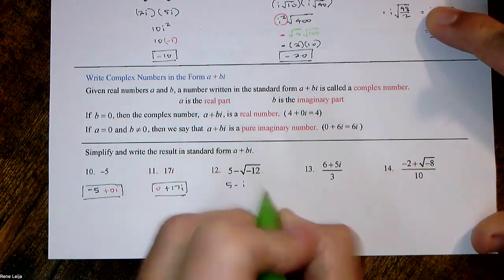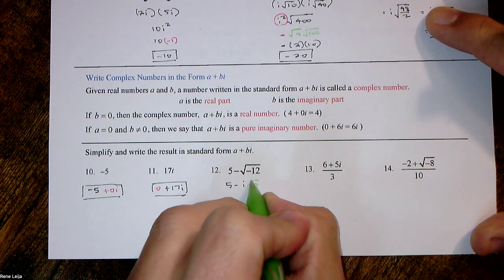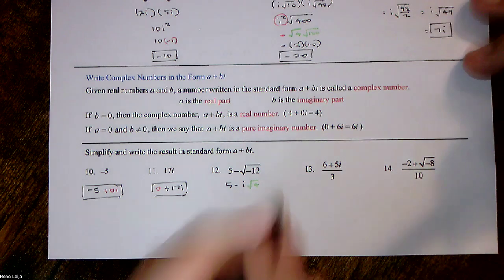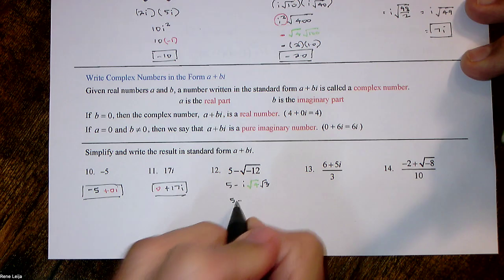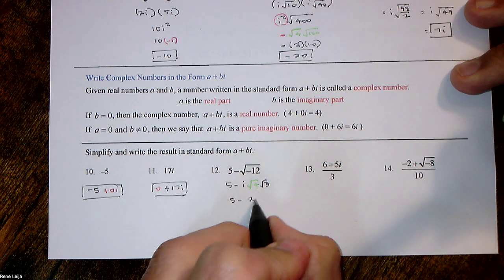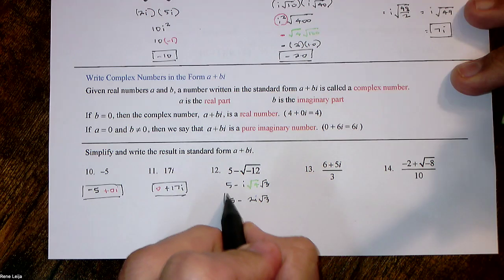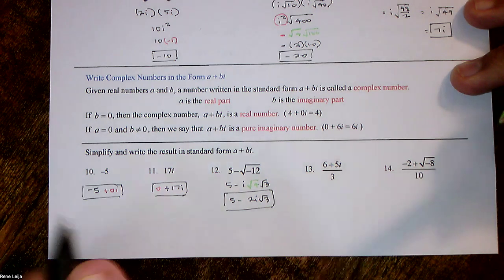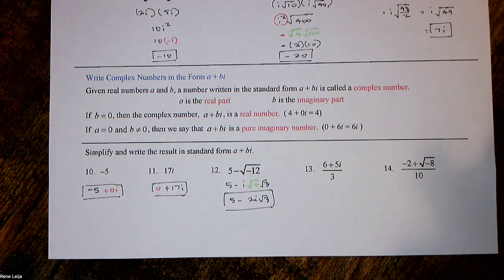So that's the square root of 4 times 3. So we have 5 minus, well, that's going to be 2i times the square root of 3. So be careful how you do that.